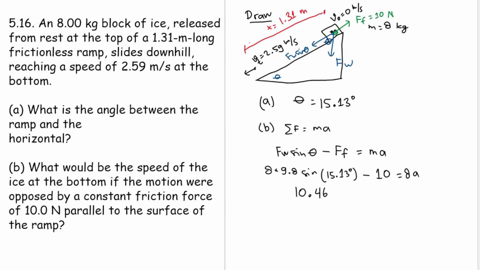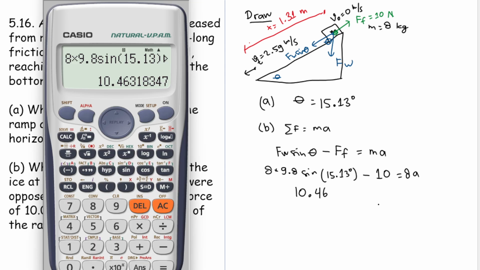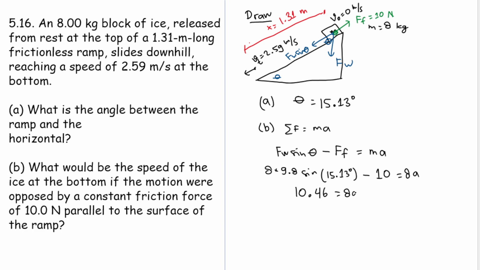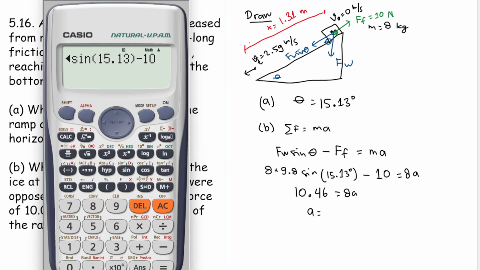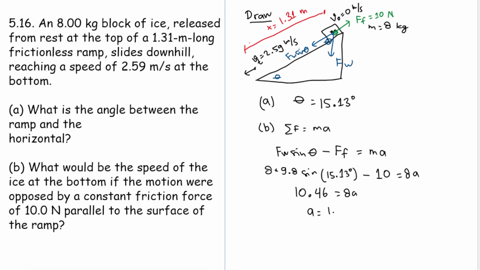On the right-hand side, I will have 8 times the acceleration, so the acceleration is just this number divided by 8. So I have 1.31 meters per second squared.